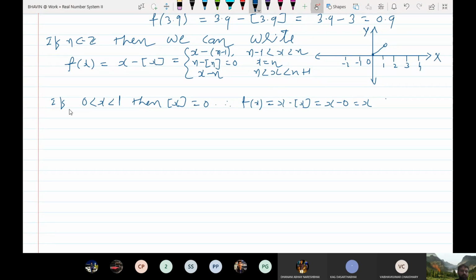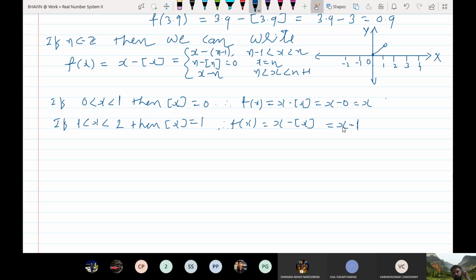In a similar way, if your x is between 1 and 2, then what is box of x? You will get 1, and therefore f(x) is x minus 1. So what is the graph of x minus 1? Its y-intercept is minus 1.